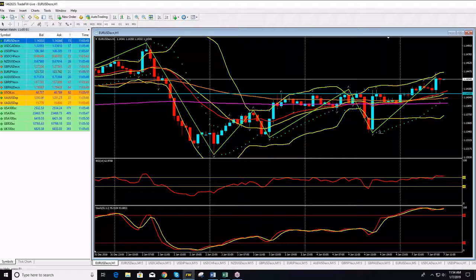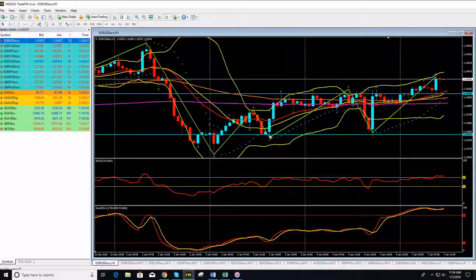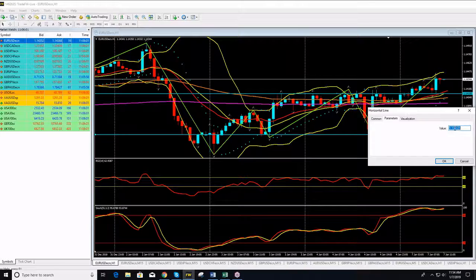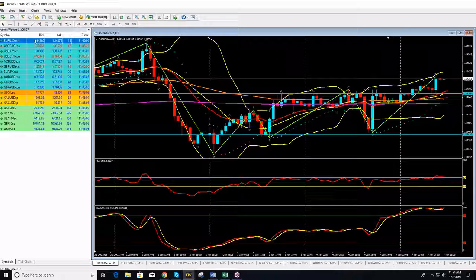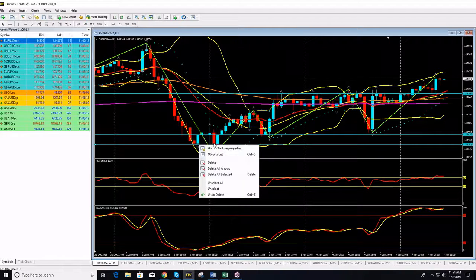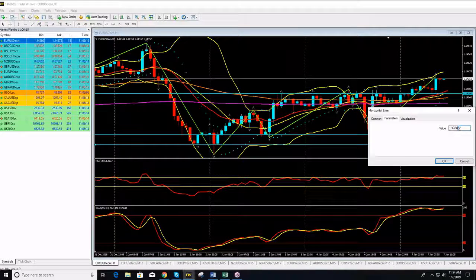Now the second support for euro dollar, it's actually here, 113.41. 113.41 is the second support, intraday support, and the third support is here, guys, at 113.24.